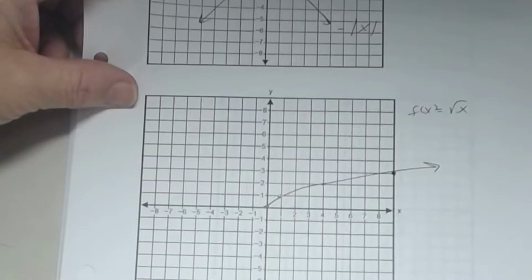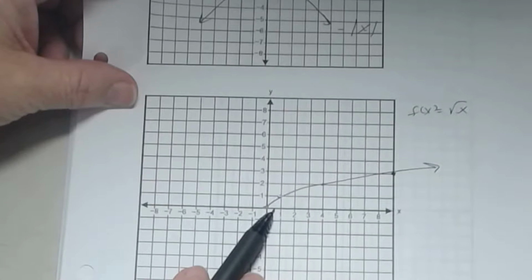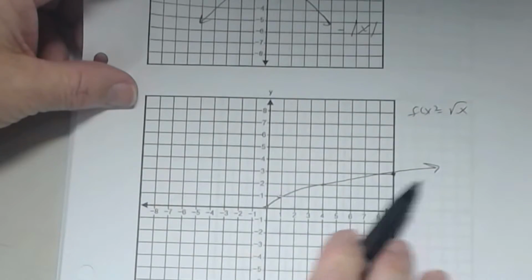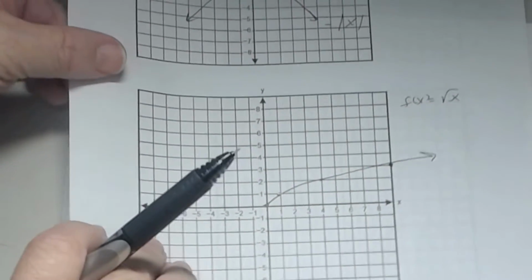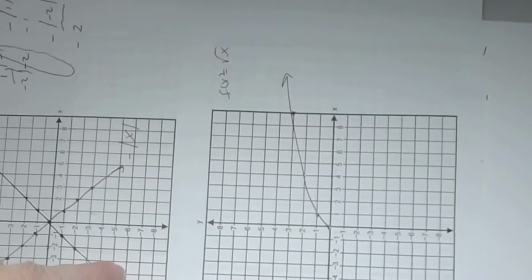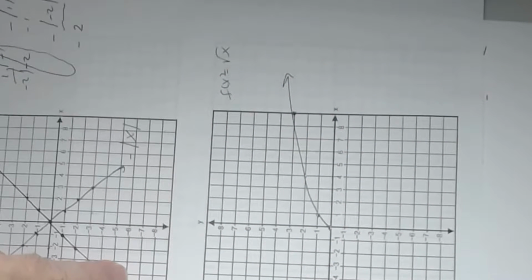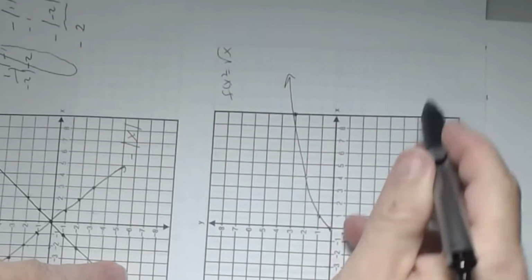There's an endpoint on one side and an arrow on the other. Notice the curve. If I turn it around, it looks like half of a what? Parabola. It makes sense because square root of x is the inverse of x squared.